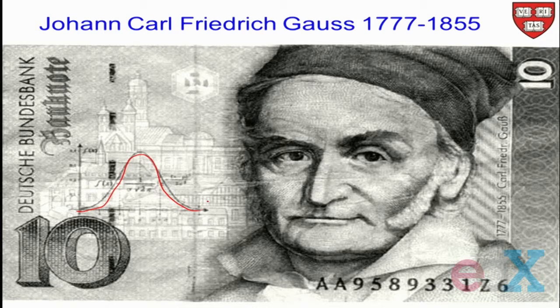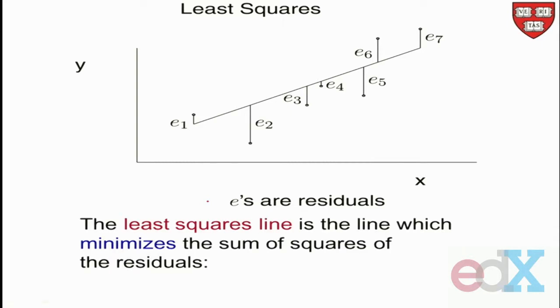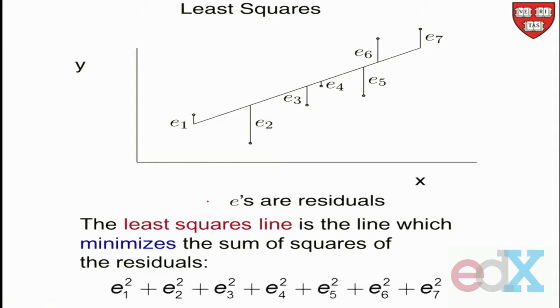But actually what he did do is he said to us, okay, look at those residuals, and now instead of taking the sum of the residuals, which is always 0 if it goes through the center of gravity, he says, all right, take the least squares line. Now the least squares line is the line which minimizes the sum of the squares of the residuals. So he got rid of the sign by squaring each one of the residuals.